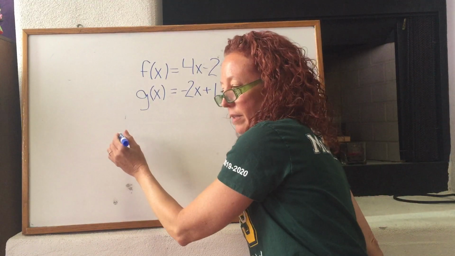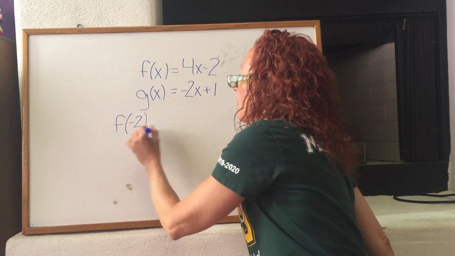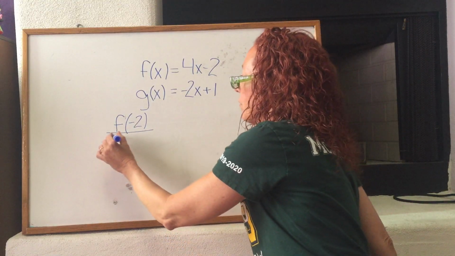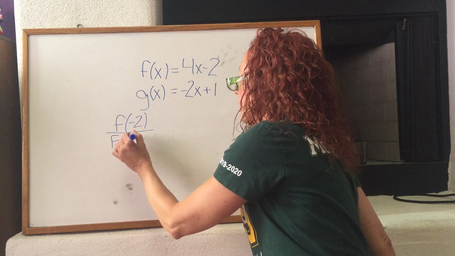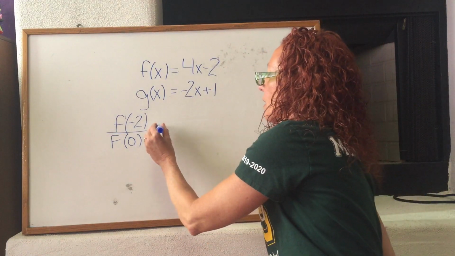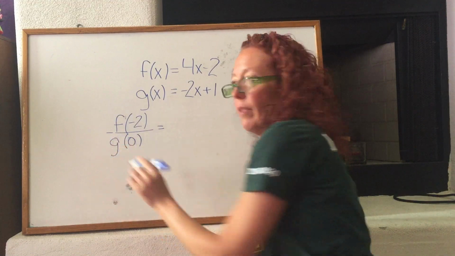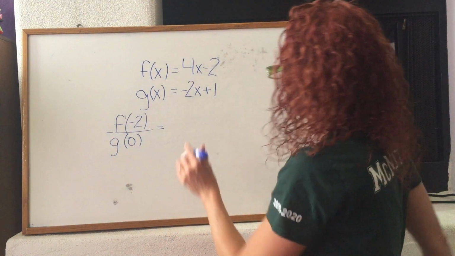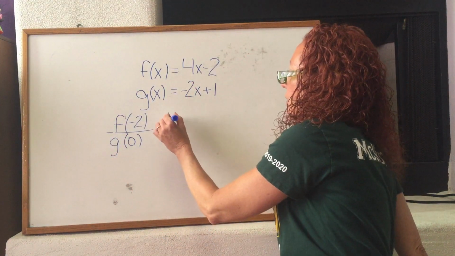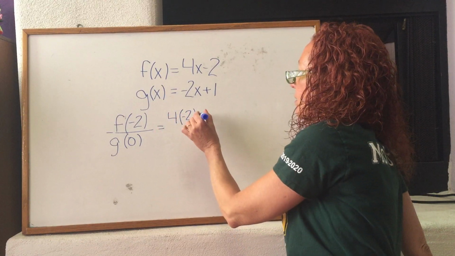It asks us to plug in negative 2 into f of x, and to substitute 0 in for x for g of x, and then write that as a fraction. So if I plug in negative 2 here, I get 4 times negative 2, which is negative 8.